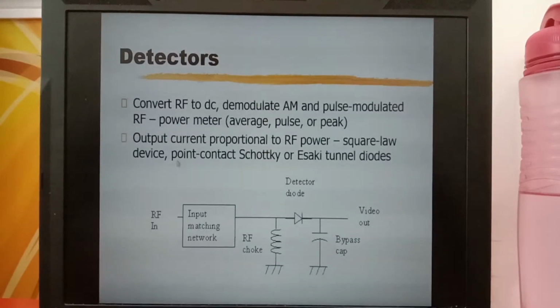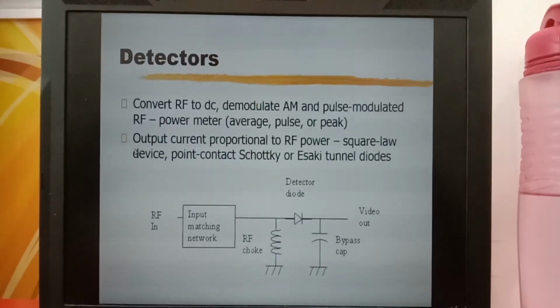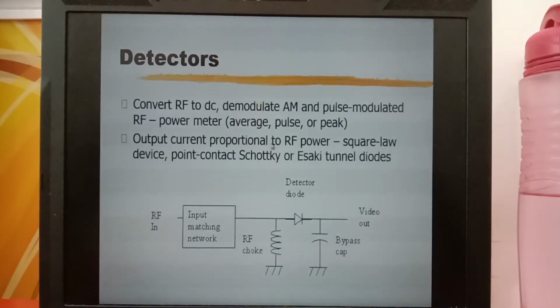The operating principle of a microwave detector is that the output current is proportional to the RF power. In other words, the output current is proportional to the square of the RF voltage.